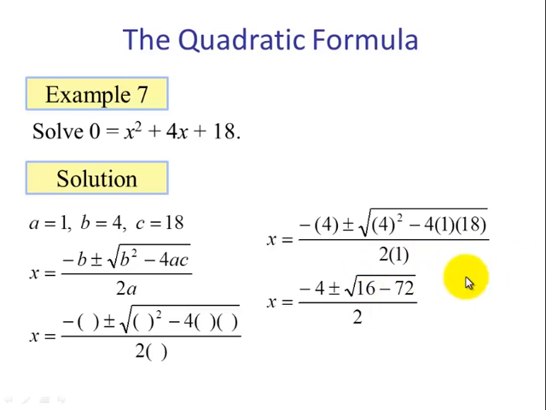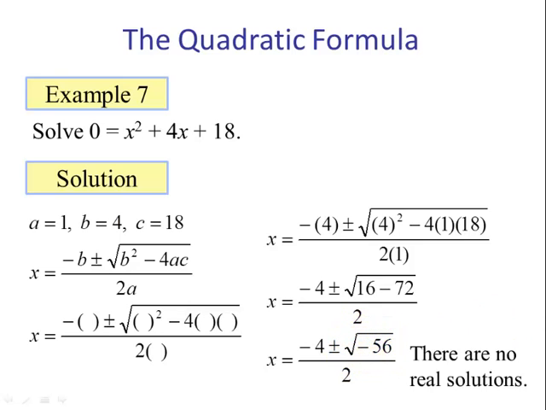So this simplifies to negative 4 plus or minus the square root of 16 minus 72, all divided by 2. 16 minus 72 is negative 56. Because we cannot take the square root of a negative number, we say that there are no real solutions.